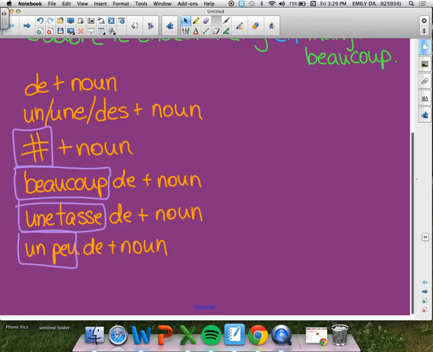You would leave those. So let me look at a few more. The rules of placement is the same rule of placement for every pronoun. Every pronoun. They go in front of the verb unless there's an infinitive, and then they go directly in front of the infinitive. Remember, your infinitives end in er, ir, or re.